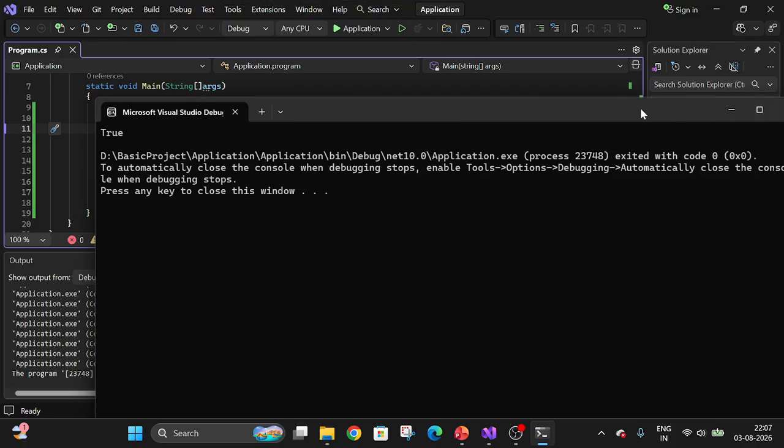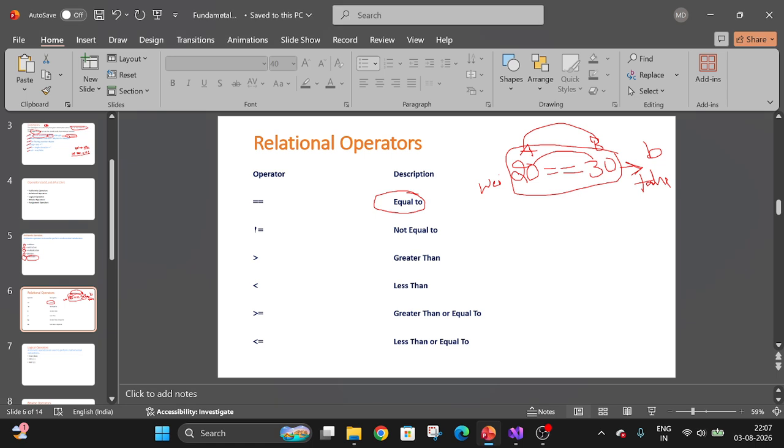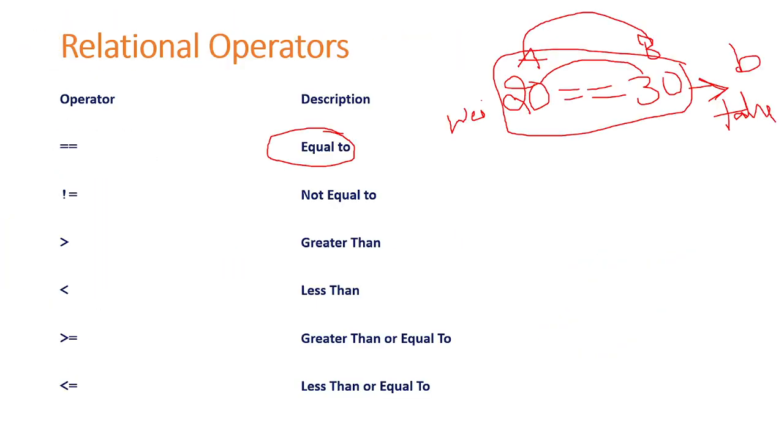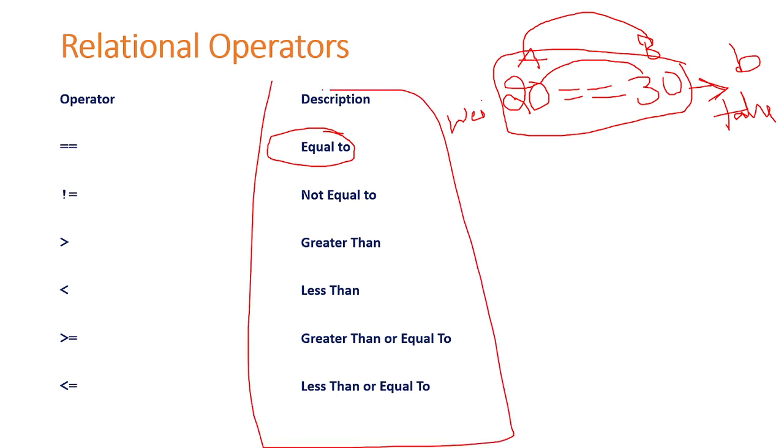Similarly, you can check all the others, which are almost similar to it. You can download the code and try greater than, less than, greater than or equal to, and less than or equal to. These are very important in coding.